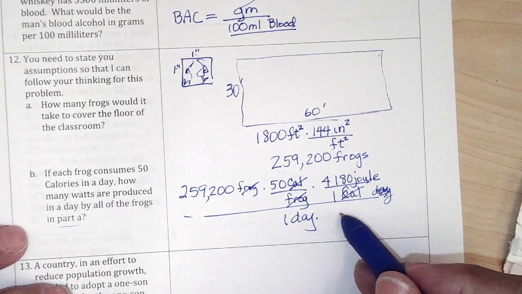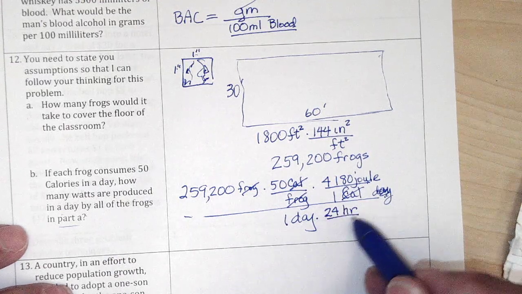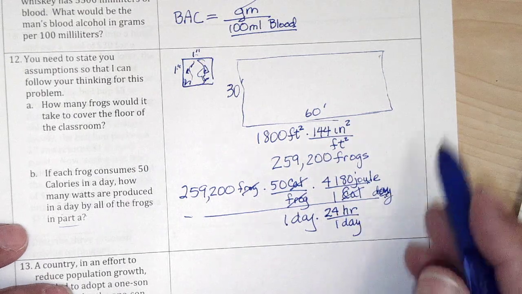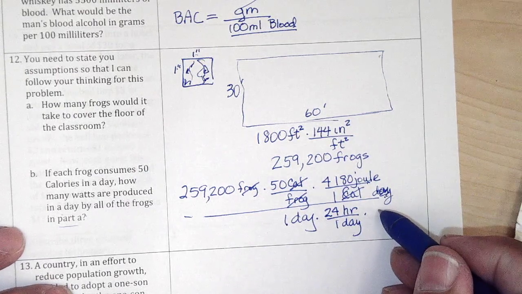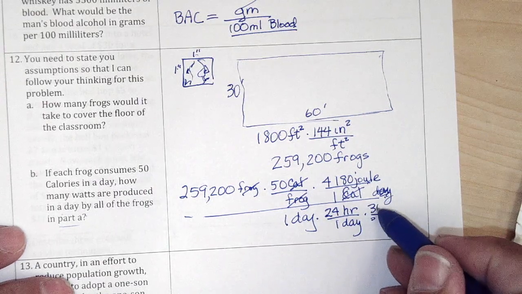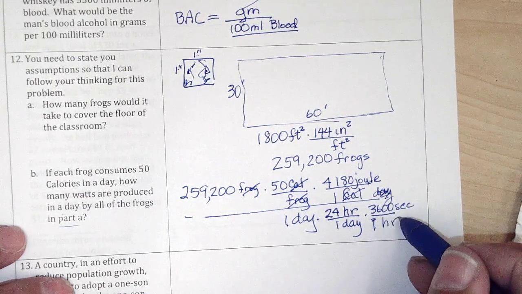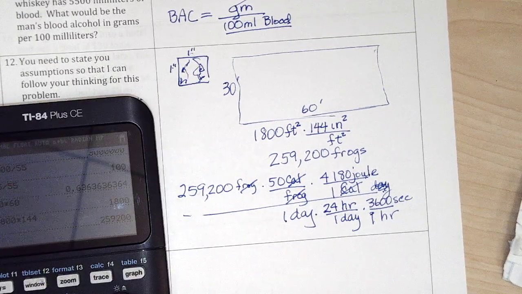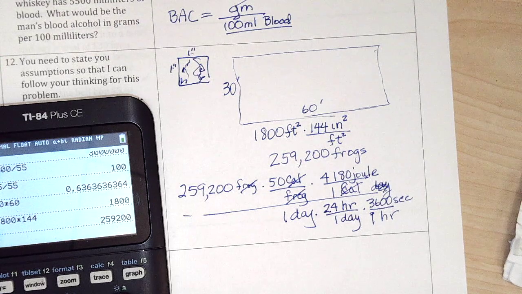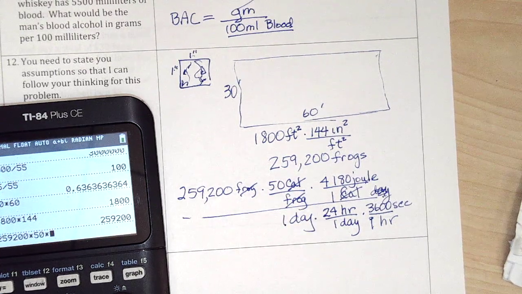And a day is 24 hours, make 1 day. And 3,600 seconds in 1 hour. So we're going to have a lot of numbers here. 259,200 times 50 times 4180.